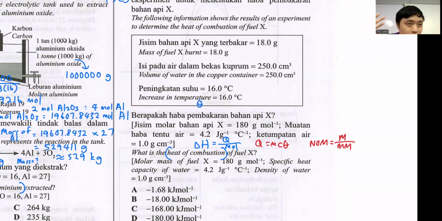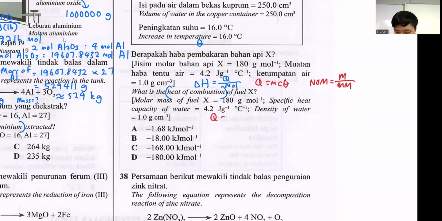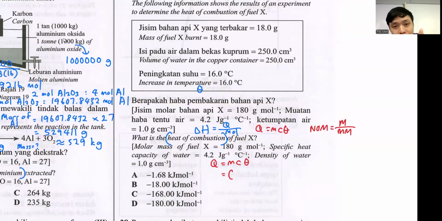For other types, like heat of reaction, it is MV over 1000, but in this case, it's mass over molar mass. So Q equals mc theta. The m is the mass of water, not the mass of fuel X burnt. So m is 250. Be careful with this.